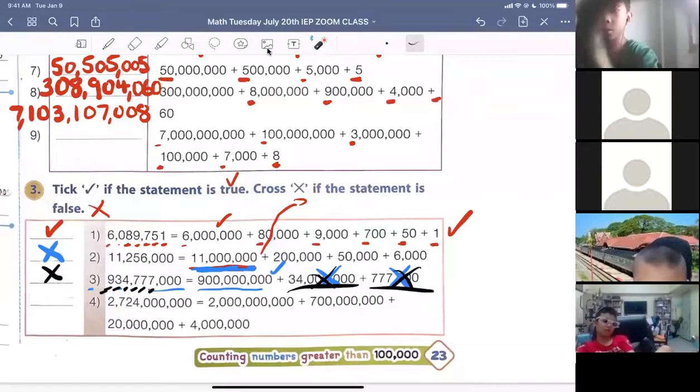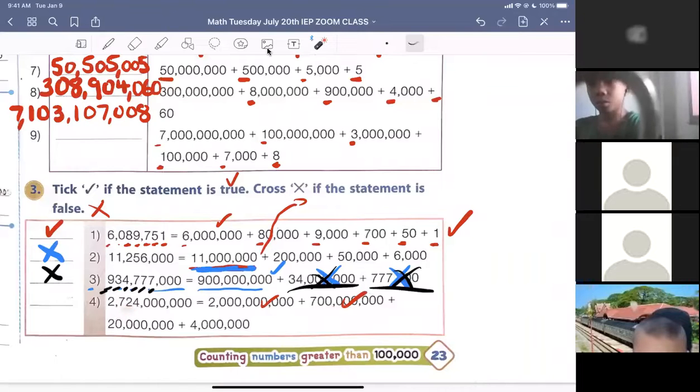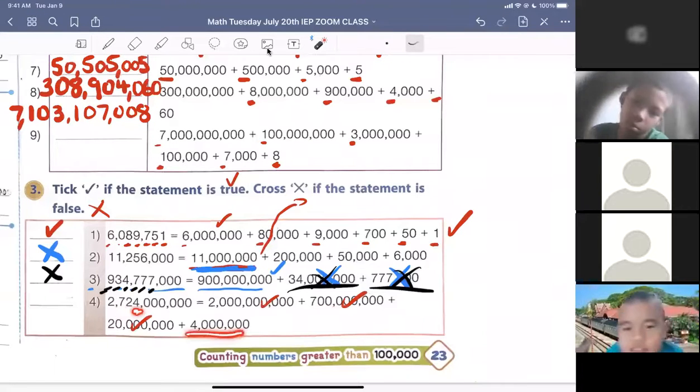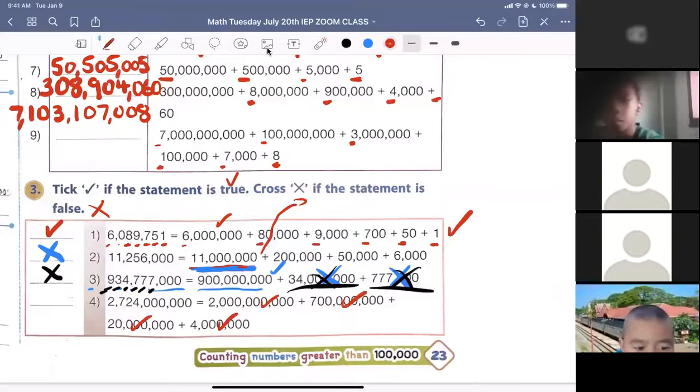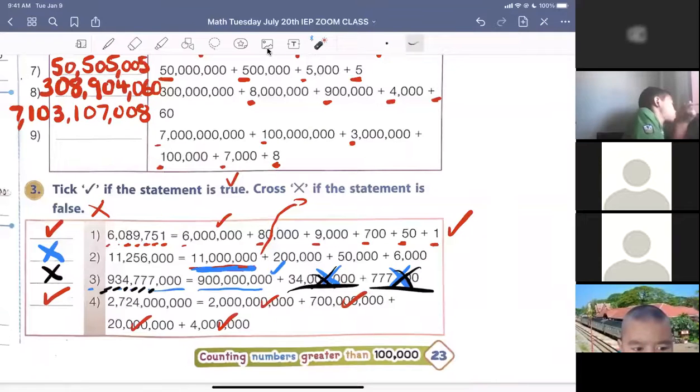So this is correct. Next, we have this 2. 20 million, very good. This is in the 10 millions. So this is correct. 4, we have 4 million. 4 million, correct. So we have correct, true, false, false, true.